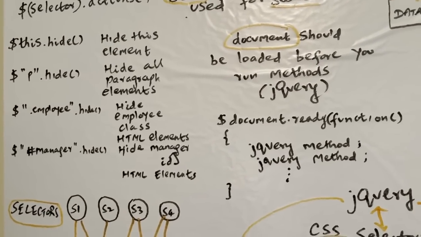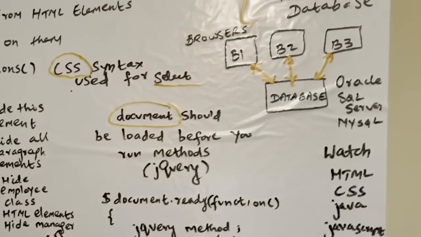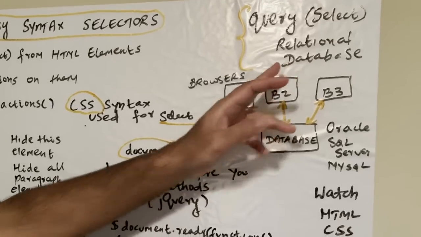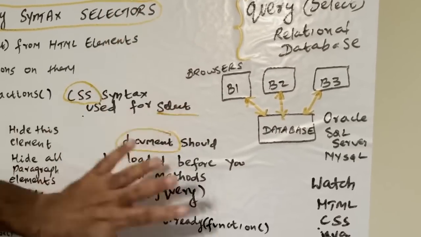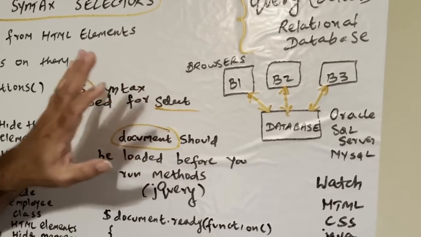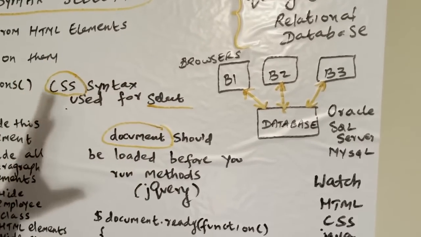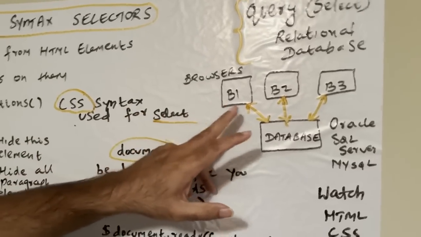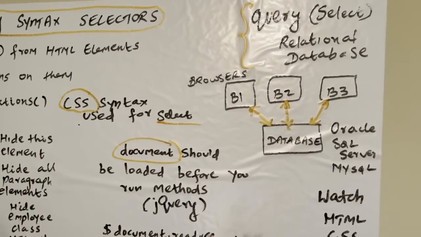Okay, let's go here. What do we do with query? Generally, query means we select from a relational database. That's one concept. And check my database videos so you can have a basic understanding of what a database is and how to manipulate data. Okay, we use different browsers here.